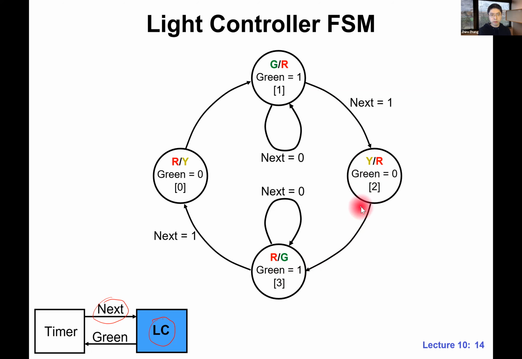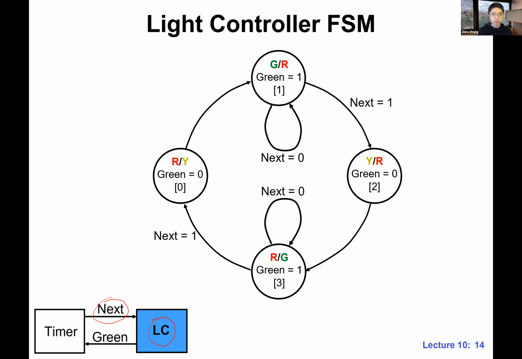And we go to RG. Why is there no input label here? Any ideas? We just talked about this. Why is this an unconditional transition? Why are we not looking at next? Because, very good, this state is supposed to last for just 1 cycle. The timer is supposed to tell us next is 1, but it doesn't really matter.